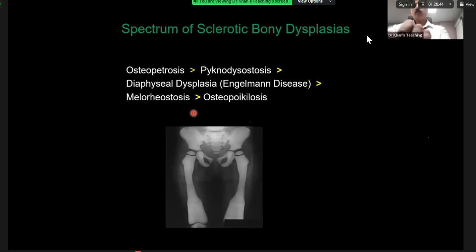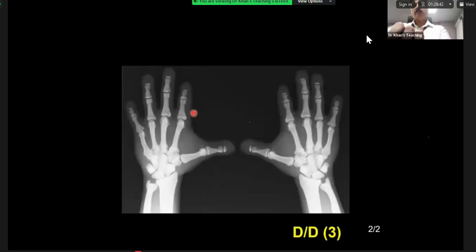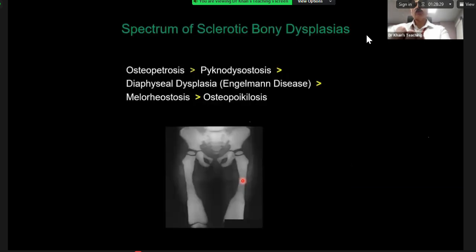So in pycnodysostosis, this is what can happen. If you see the medullary cavities, you will see that they are encroached and they are not very well seen. So this was pycnodysostosis.